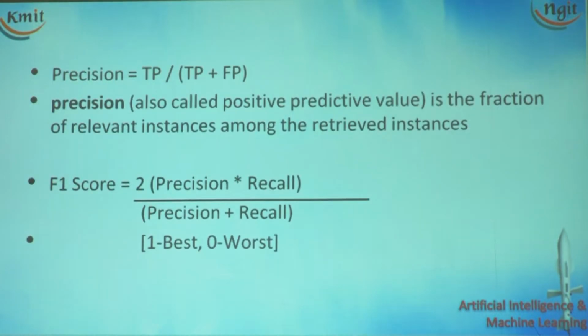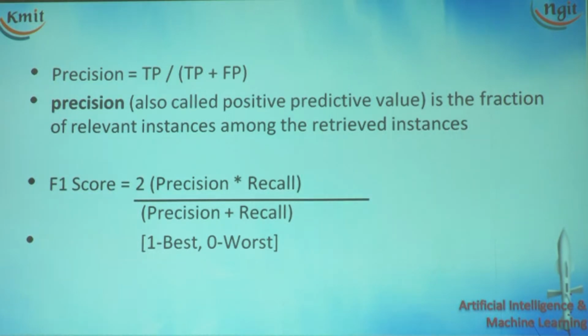And we have another point, precision. True positive over true positive plus false positive. False positive means predicted as positive.